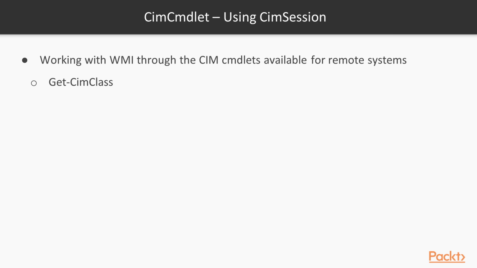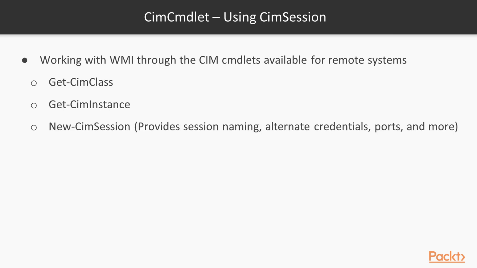Now, Get-CimClass is able to retrieve the CIM classes from remote computers. Get-CimInstance is also able to do the same thing, and we also add in New-CimSession when we're talking about remoting. A CIM session is a way of providing a different name. For instance, a group of servers that are all your domain controllers, you could name that session domain controllers.